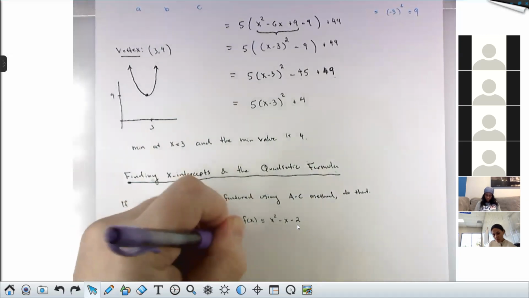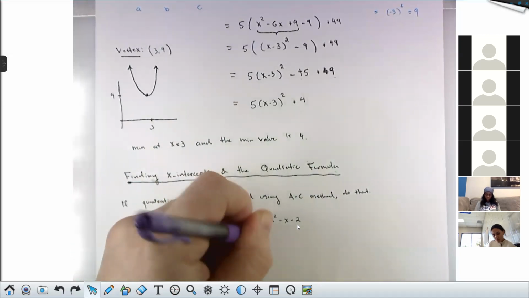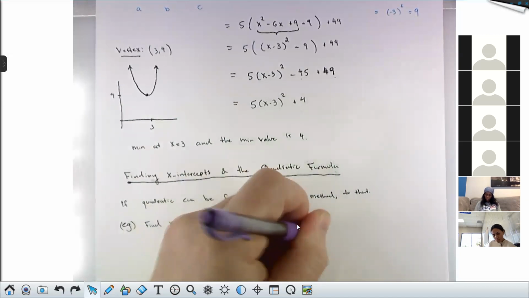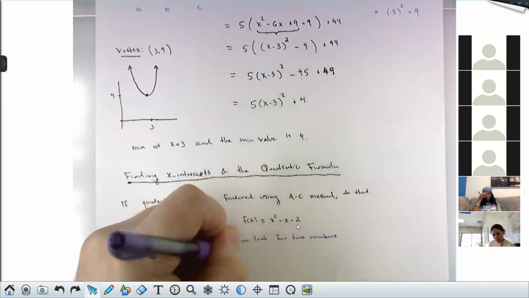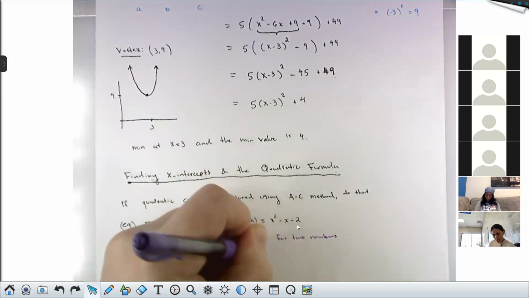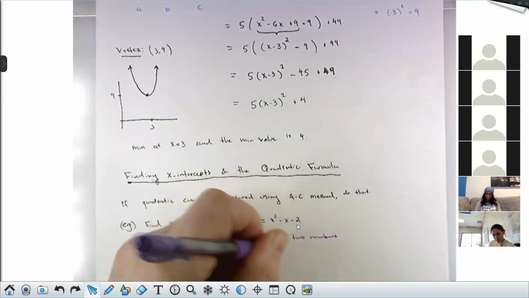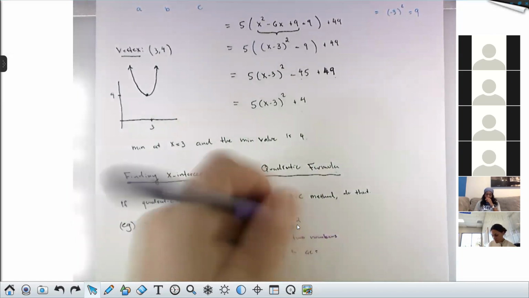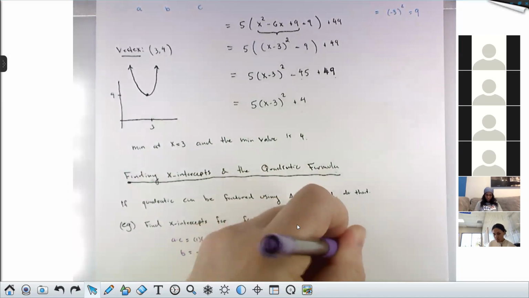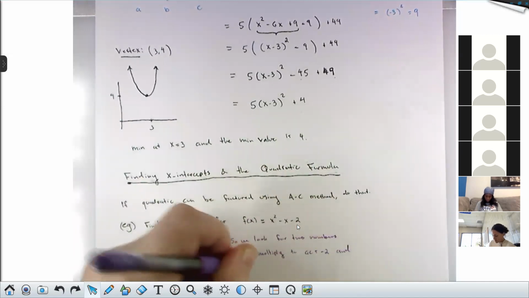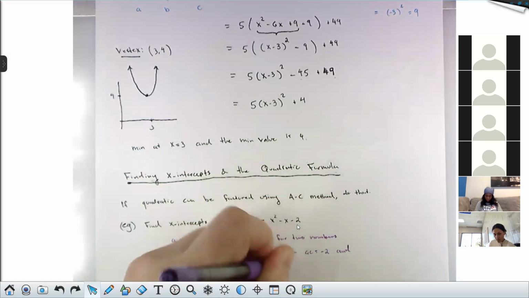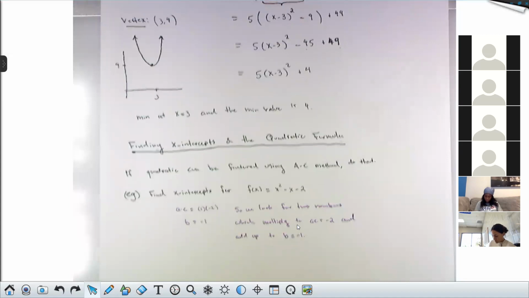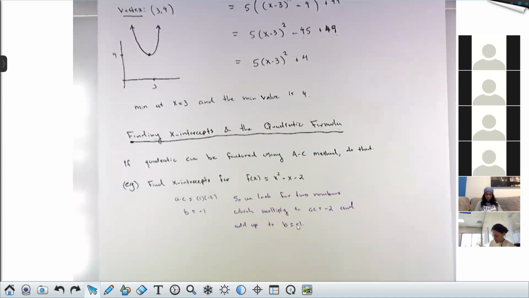So we need to find two numbers which multiply to a times c, which in this case is -2, and add up to b, which is -1. So what two numbers multiply to -2 and add up to -1?